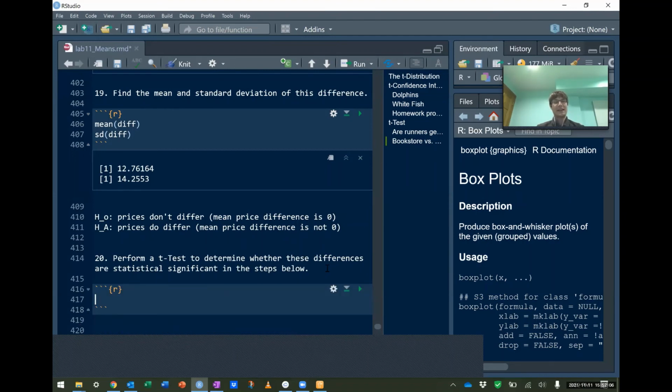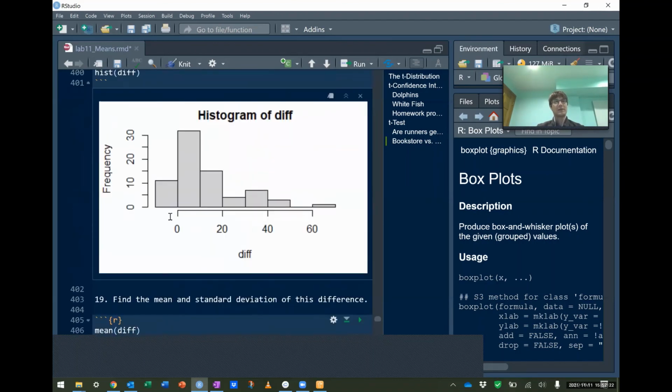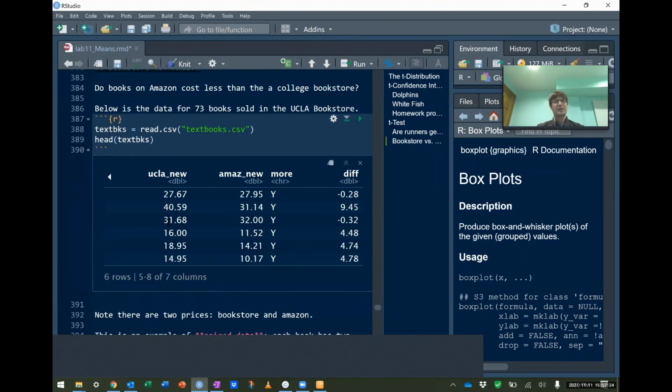So what we need is our data, the difference for our data, which was the difference in the prices. The average difference, I should say. And S was the standard deviation of the differences. And what was our sample size? How many textbooks? 73.